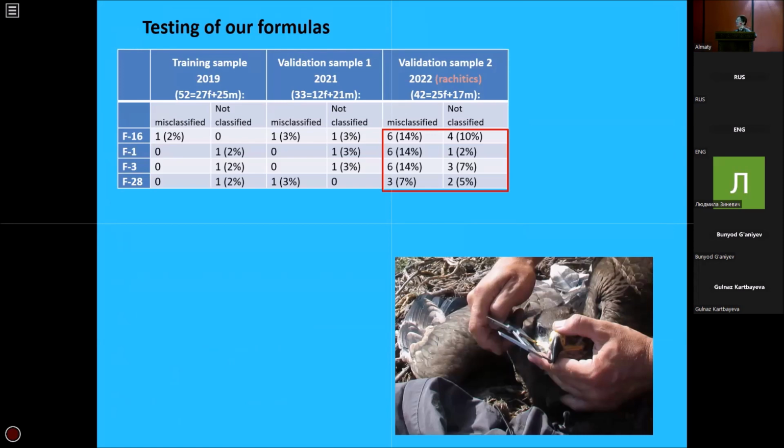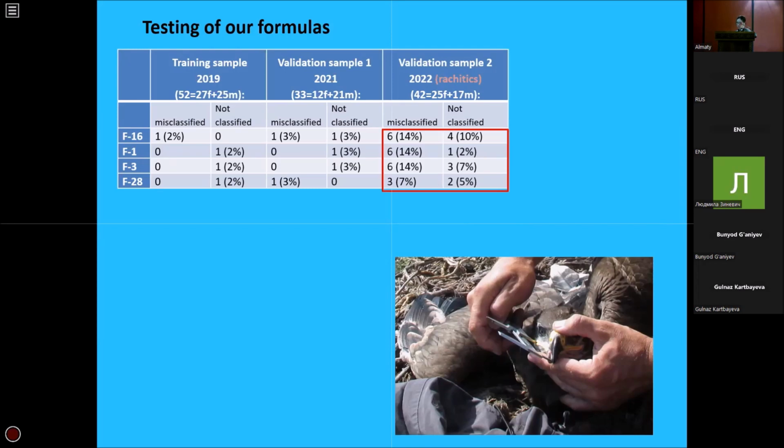The first one was collected in 2021 and the second in 2022. But we tested these samples separately since the second year was abnormal due to a severe shortage of food. A lot of nestlings died, and the survivors were small, thin, and had not enough body fat due to chronic underfeeding.